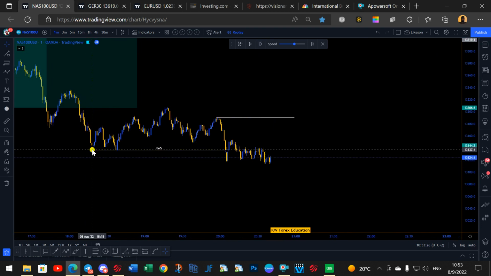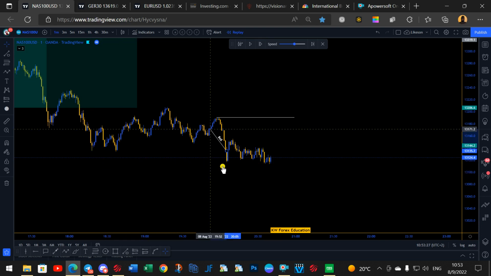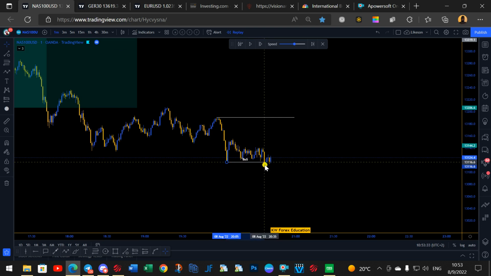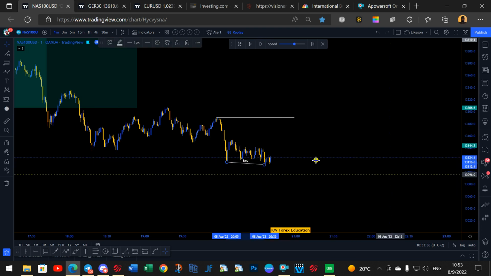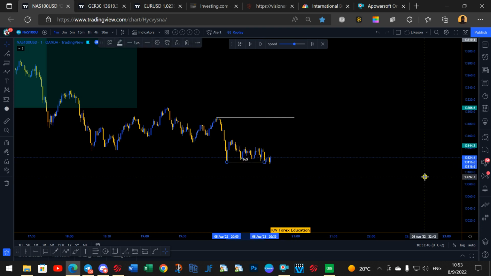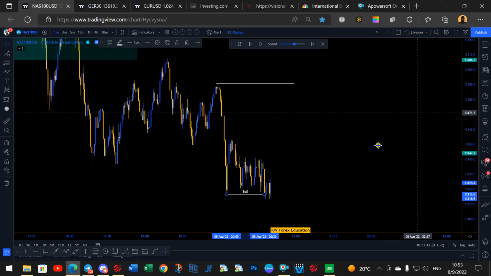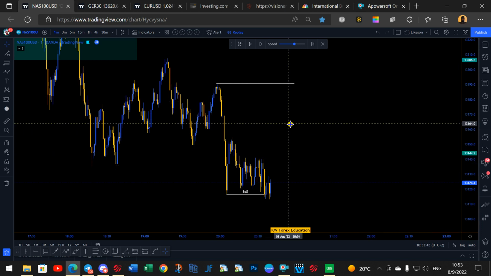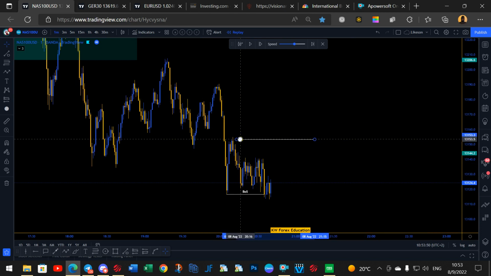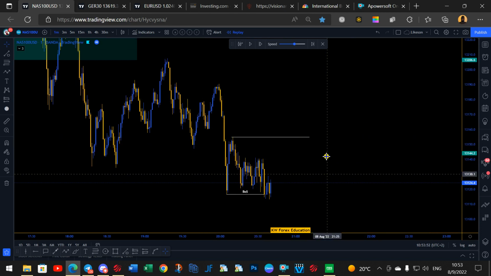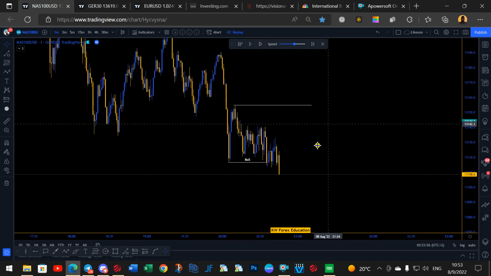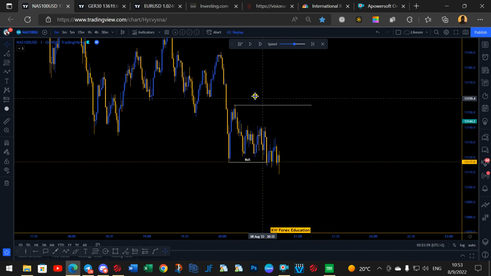We had a body close here. So now this way we have to be very strict. We had our body close. Did we? I think that was a body close. Yeah, let me just do this. Then we can consider this as our highest point. Okay, we still have that body close.